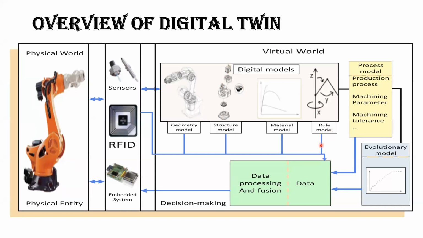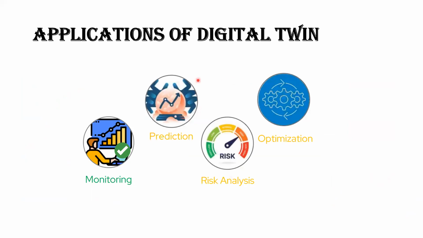What risk is it? And then you'll start optimizing. Okay, this might not be the right way, I have to do it this way. So basically, this digital twin is used for four different scenarios: monitoring, prediction, risk analysis, and optimization.